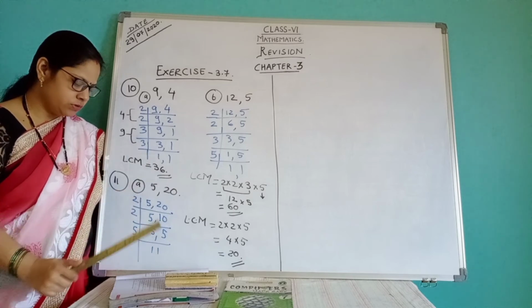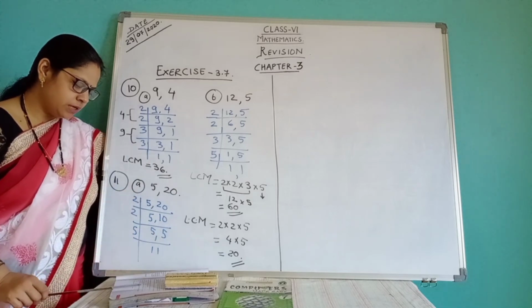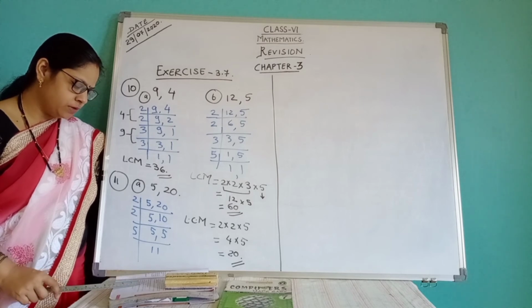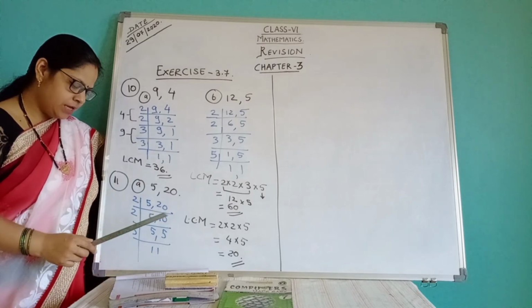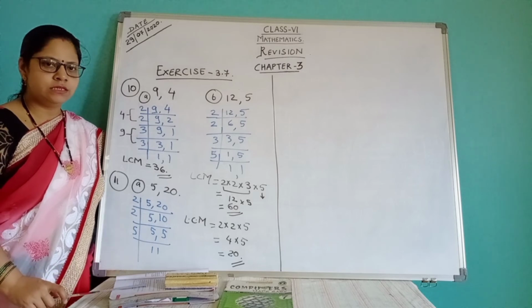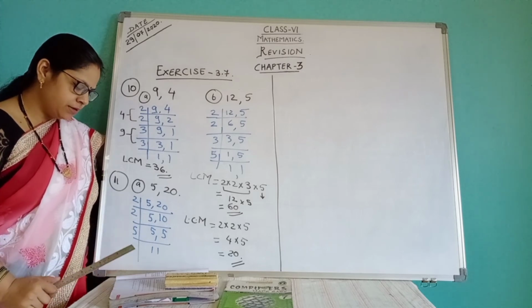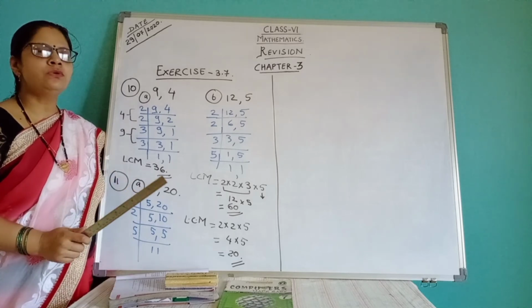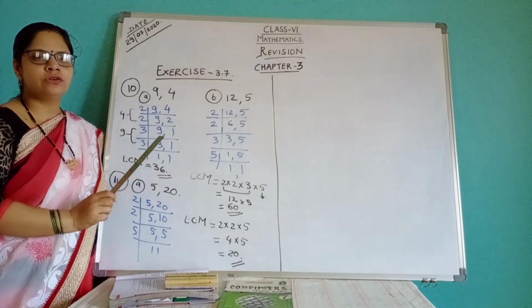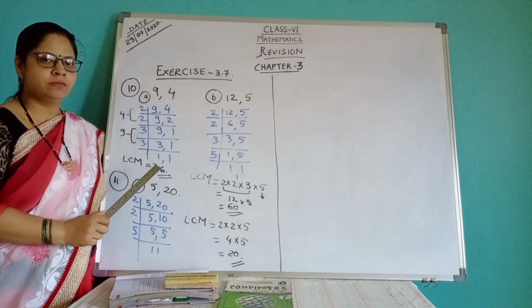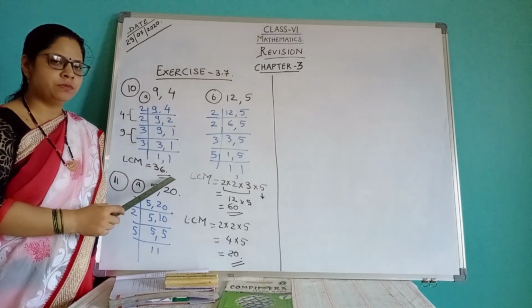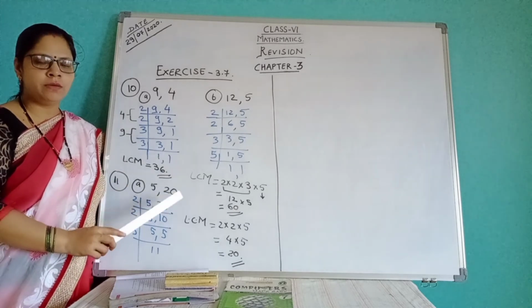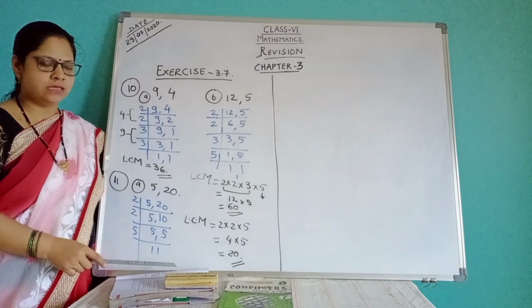So these are the two questions. In question number 10, it was asked whether the LCM is the product of the two numbers in each case. In question 10, yes, it is correct, but in question 11 it is not correct. So in every case you cannot say that the multiplication of the numbers given will be the LCM. In some cases it is possible because they do not come in the same number table. If they come in the same number table, something else will be the LCM.